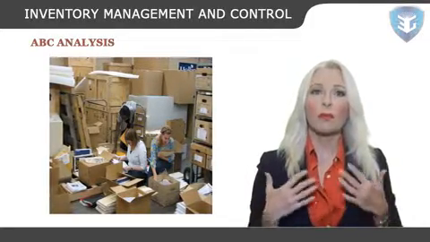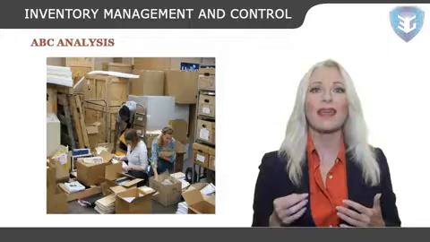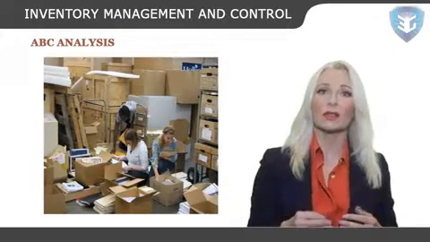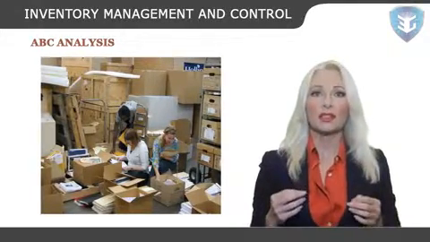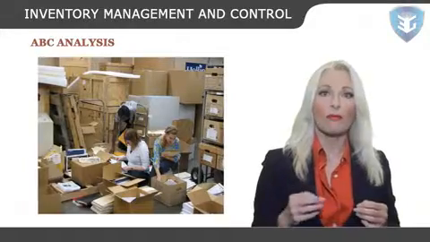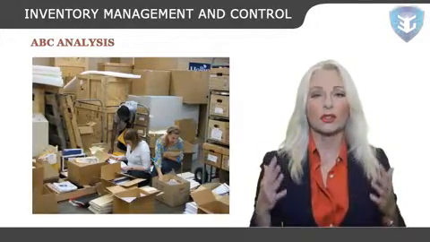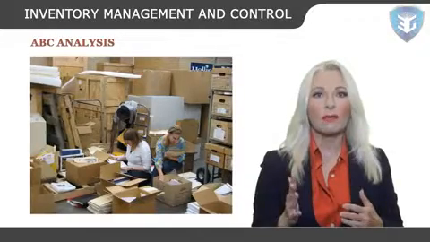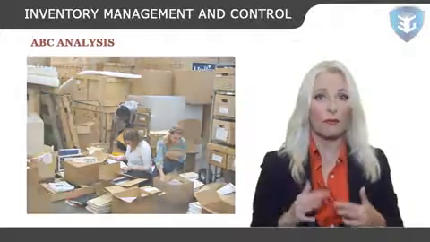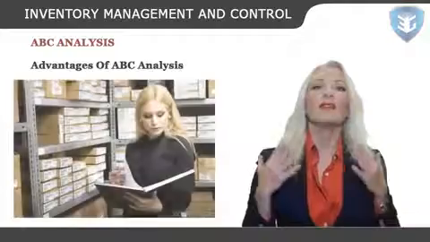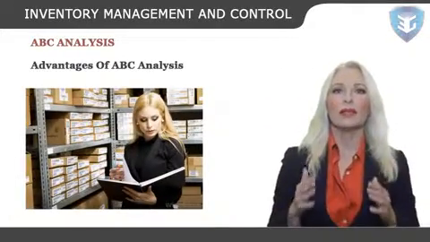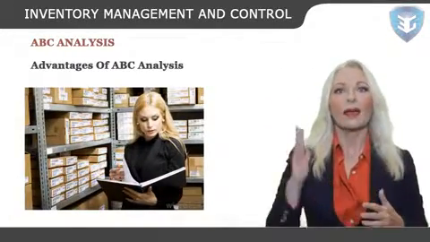Companies perform a Pareto analysis to determine ABC item classifications. The ABC inventory method offers advantages over non-classification methods in the areas of cost control, SKU level management, and order fulfillment. Advantages of ABC analysis.